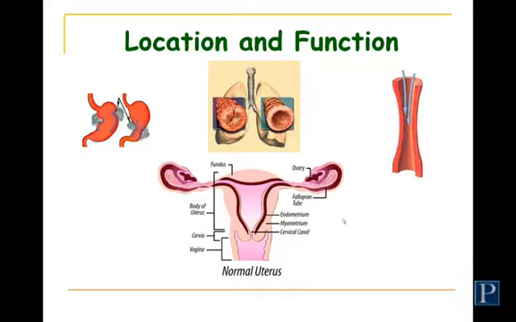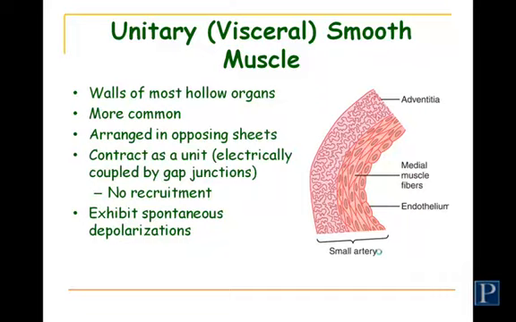The types of smooth muscle: there are two types. There's unitary, which they also call visceral smooth muscle, and the other type is multi-unitary. They call it unitary because this muscle acts as a unit together, as if it was just one muscle, versus multi-unitary, which is a kind of separate type.